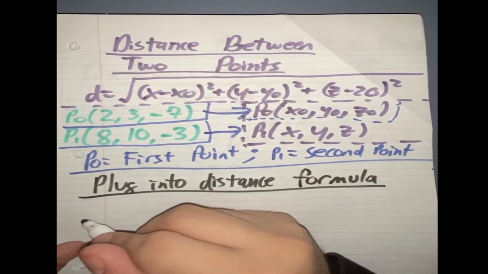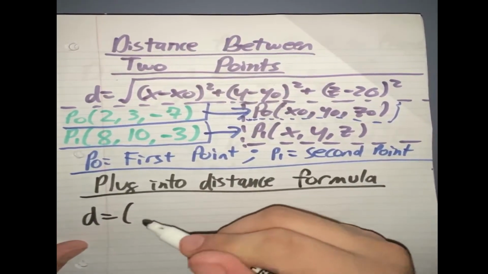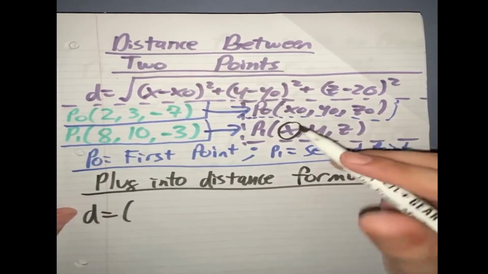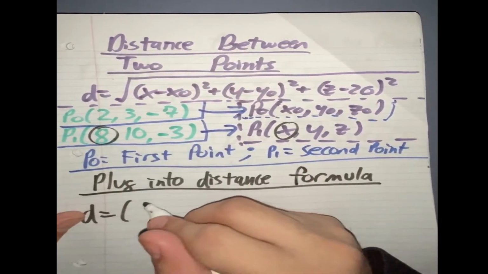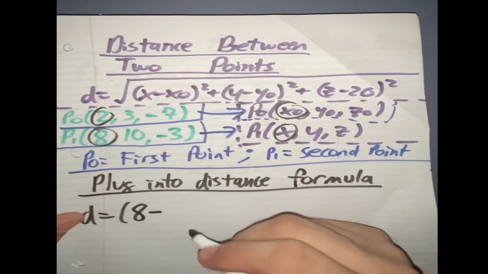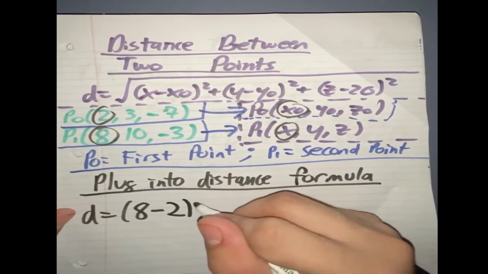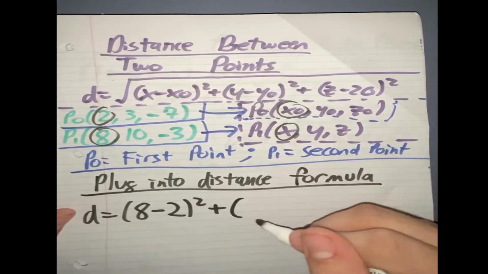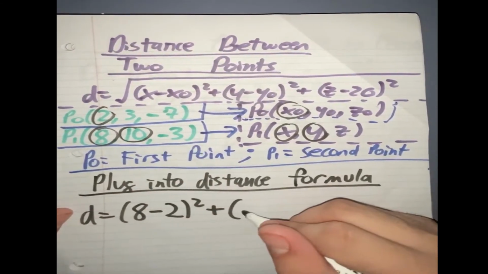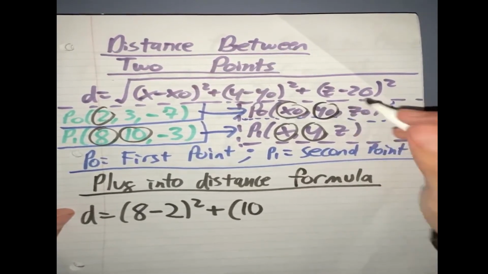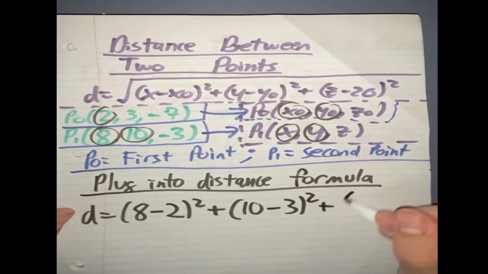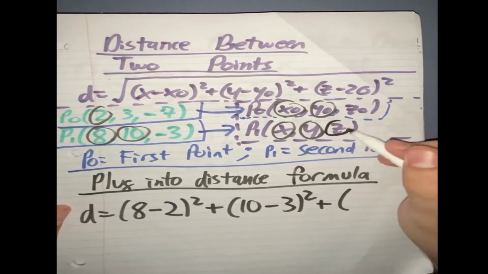So in this case, d is equal to x minus x naught. So what's our x? Our x is 8 minus x naught, which is 2 squared, plus y, what matches with y is 10. 10 minus y naught, which is 3 squared, plus z.